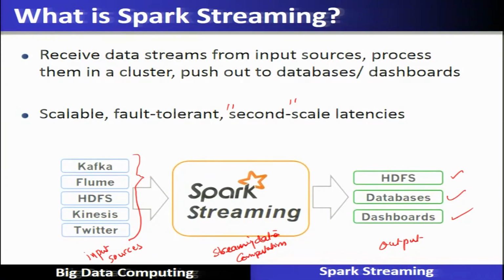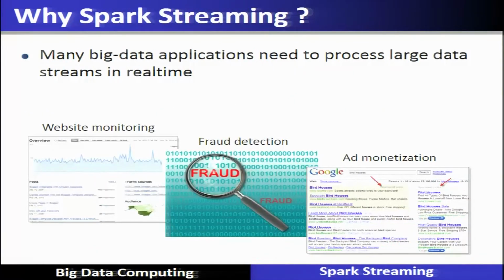So we will now see in this part of the discussion what Spark streaming is, how it handles this kind of streaming data from different sources together, and for which applications it is useful. Again, we are going to understand why Spark streaming.